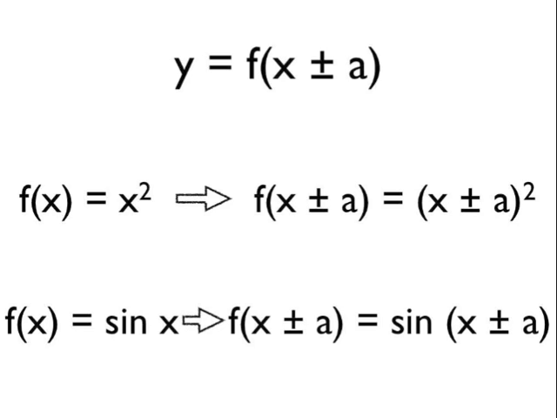The second function is sine x. When we apply this graph transformation, we'll be doing sine of open bracket x add or subtract a close bracket. Again, the brackets show that you add or subtract the a to the x before you take the sine of that number.